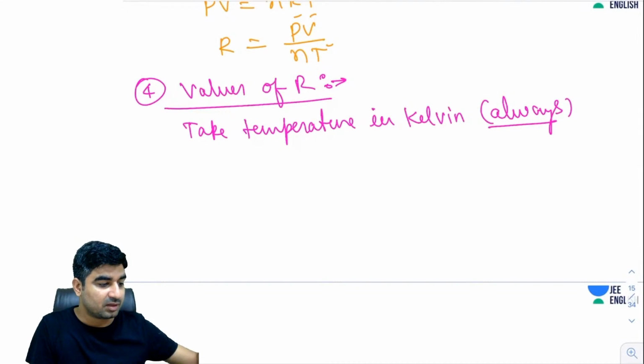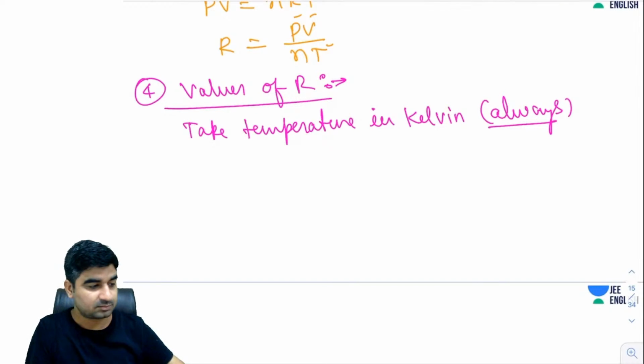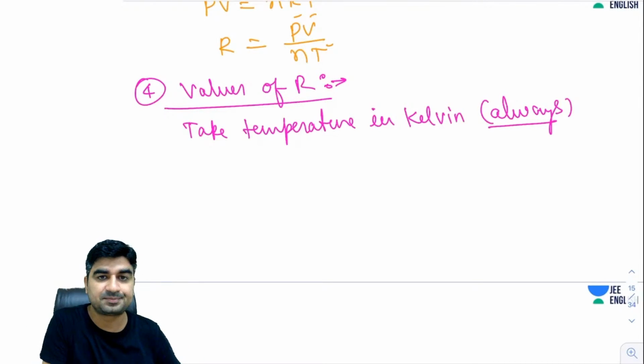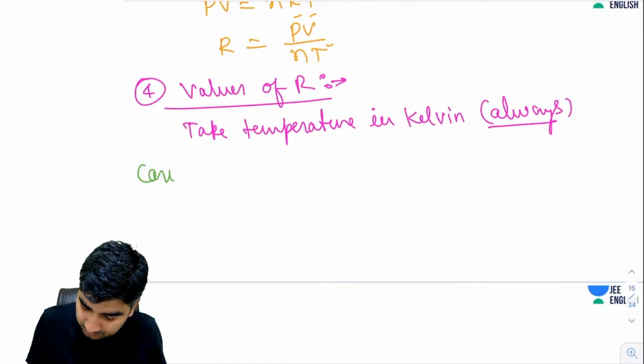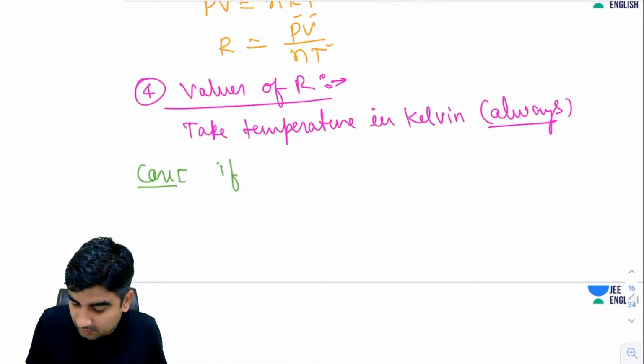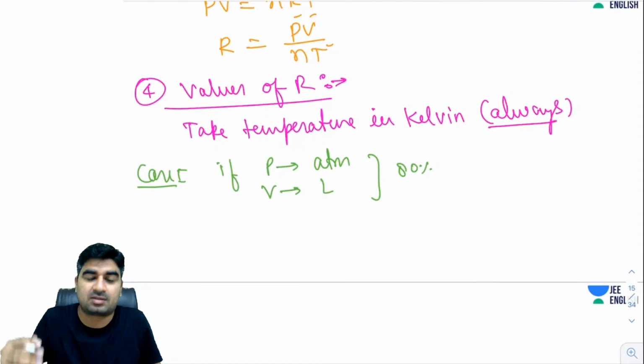So now, yes, solutionist, you are asking: how will I take the values of R? In this, I will take case 1. If pressure is in atm and volume is in liter, 80% of problems will be on this proper unit.